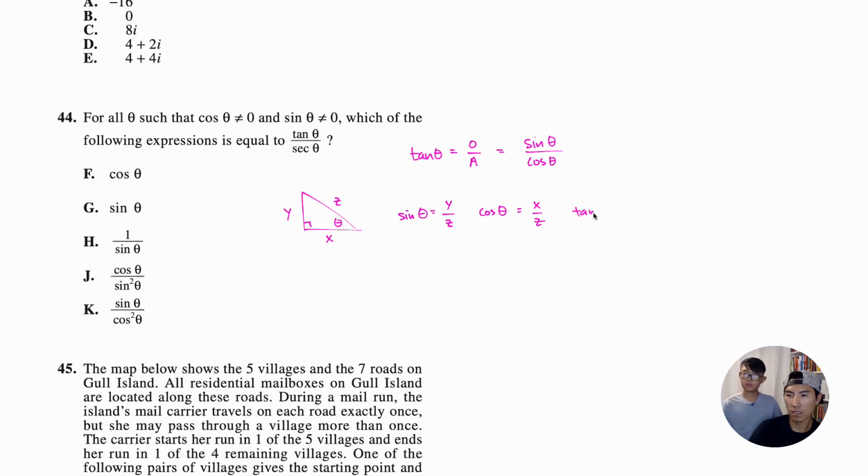And tangent theta would be opposite over adjacent. Let's put sine over cosine: y over z over x over z. That's y over z times z over x, which is y over x, which is tangent. So tangent theta is sine over cosine.